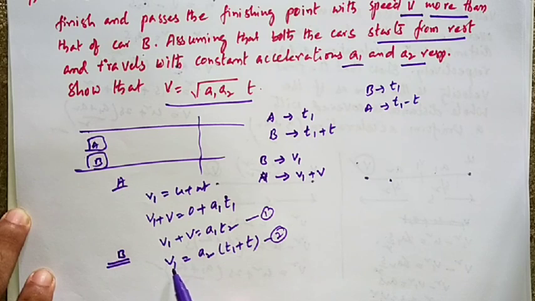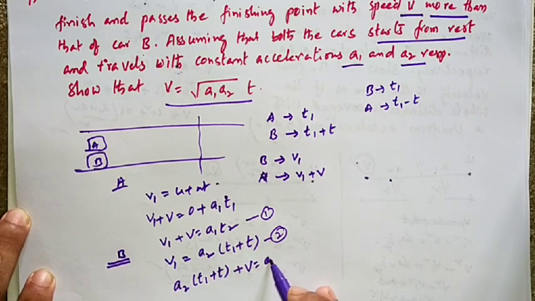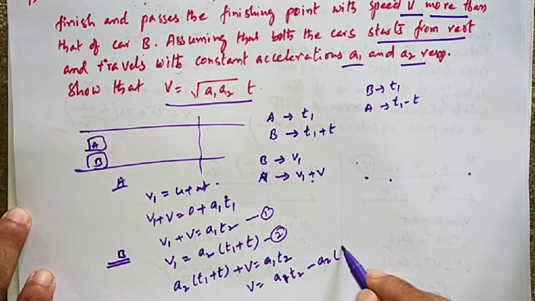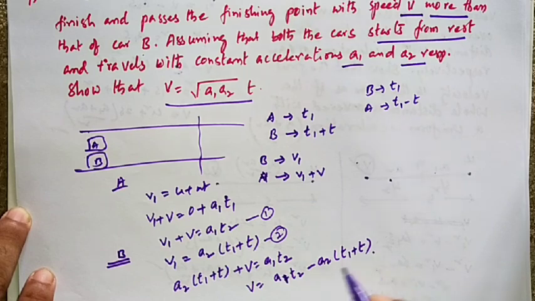So in place of v1, I can write this one. So that a2 into t1 plus t, okay, no, plus v is equal to a1 into t1. Clear? Or else you can write simply v is equal to a1 t1 minus a2 into t1 plus t, you can write. This is v. This v.